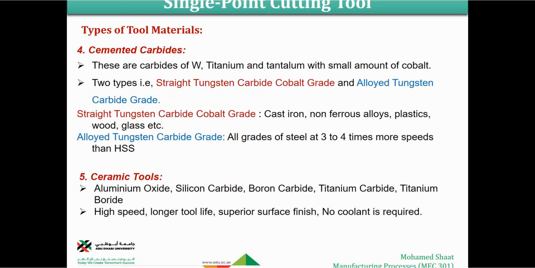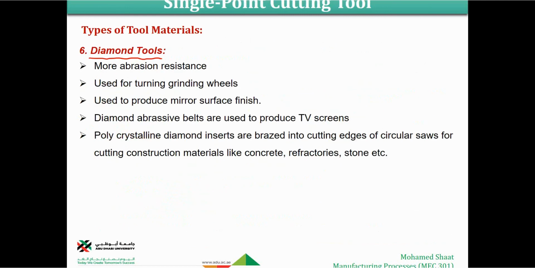So for example, if we represent a schematic comparison between these different types of materials in terms of their ability, here you could consider that this is the cutting speed. So this is how this material would be related to the cutting speed and the hardness.